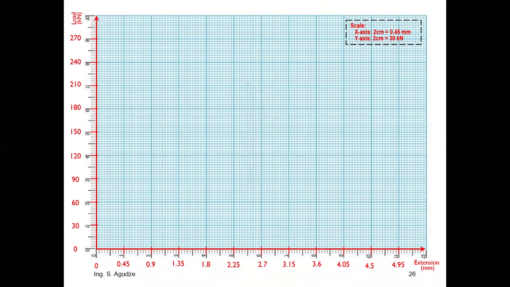The load is on the vertical and the extension is on the horizontal. So you just take your calculator and then you divide as you draw, or use pencil to indicate the boxes, either on the question or whichever paper you have. And then the first one, can you see? That's 0, 0, so it's easy.